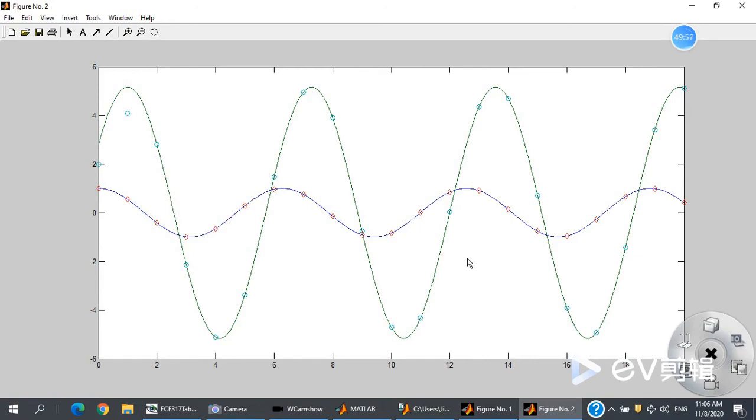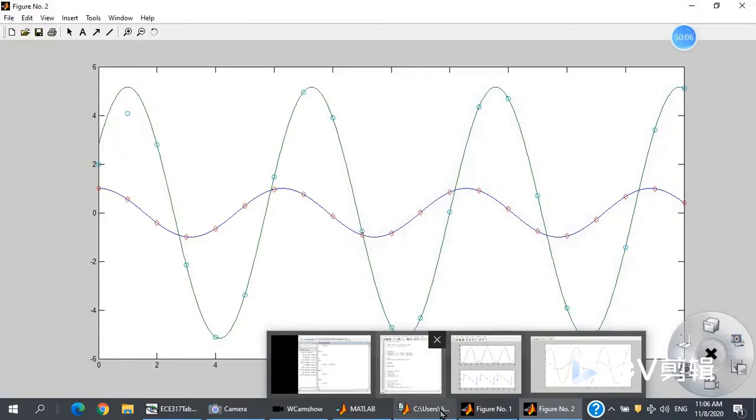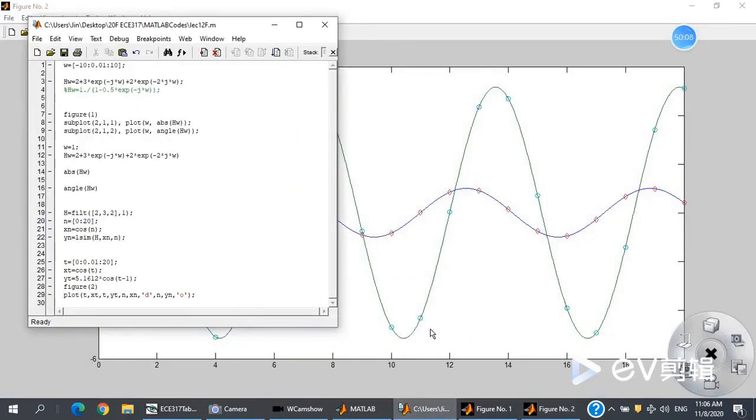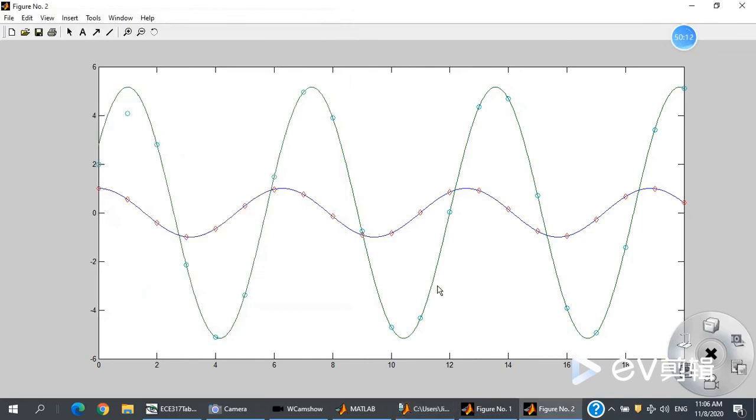Almost out of time. If you are interested, you can also try another function. Today we have two systems. One system is this one, an FIR system, and another system we can also try is 1 over 1 minus half z to negative 1.